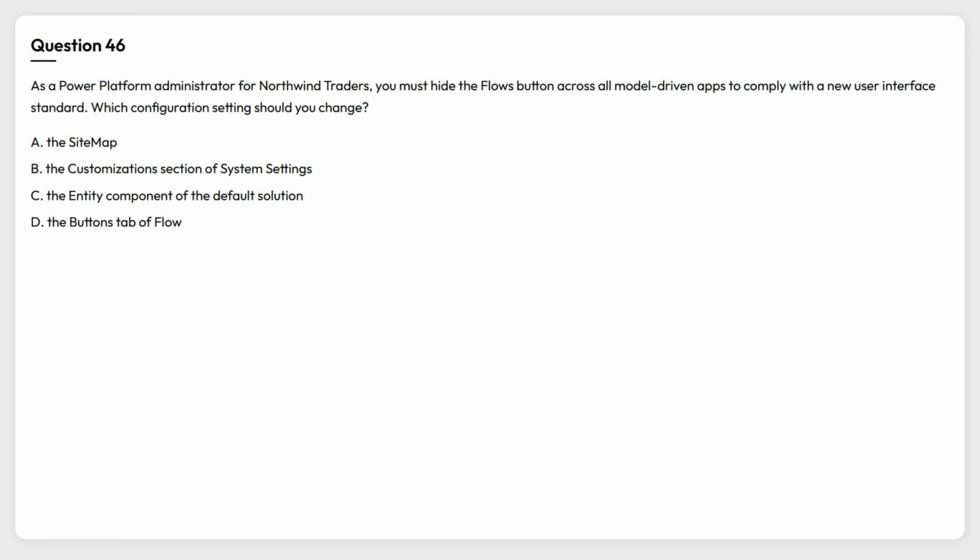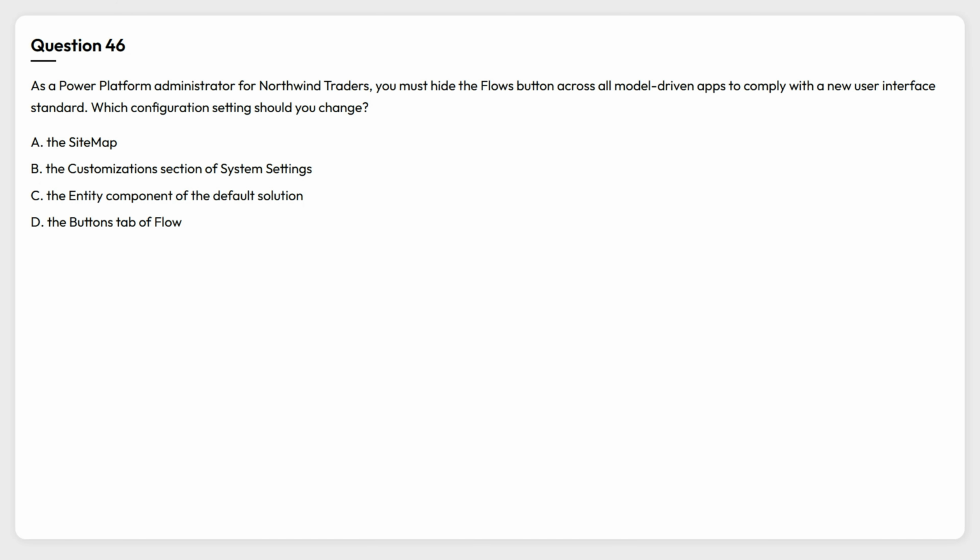Question number 46. As a Power Platform administrator for Northwind traders, you must hide the flows button across all model-driven apps to comply with the new user interface standard. Which configuration setting should you change? Option A, the sitemap.